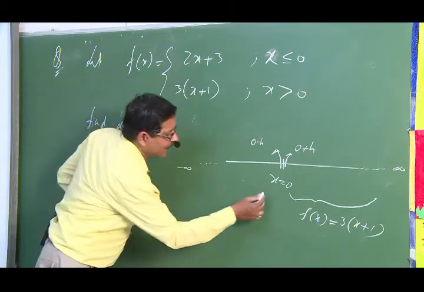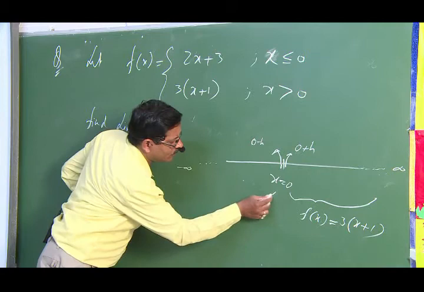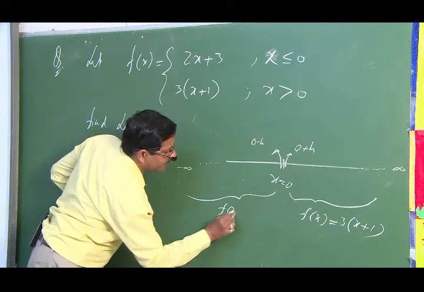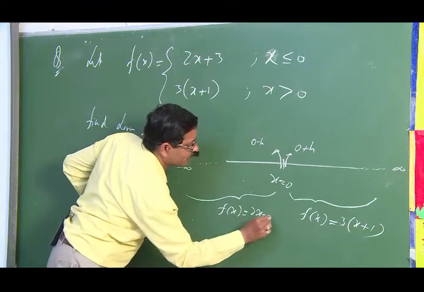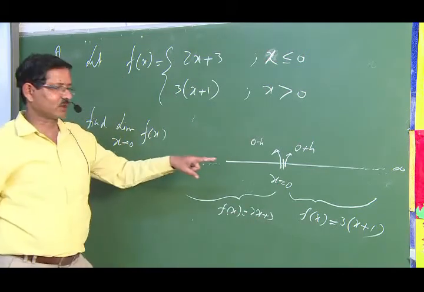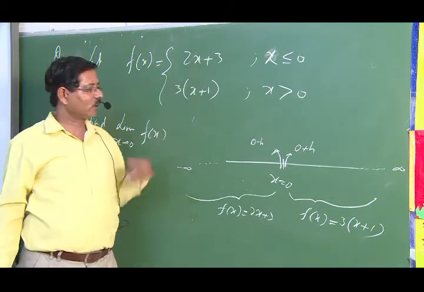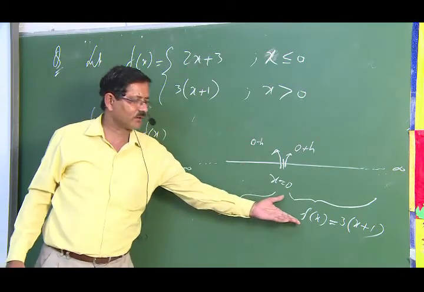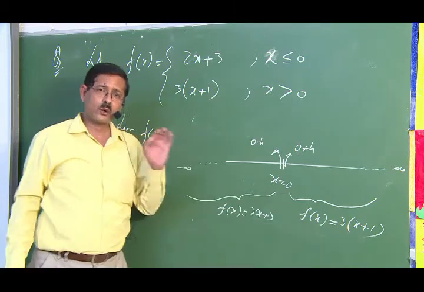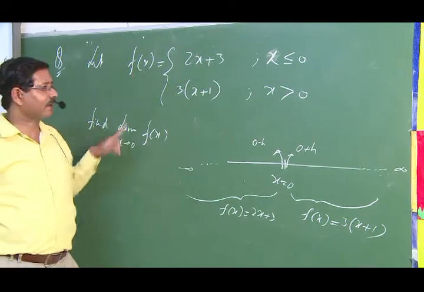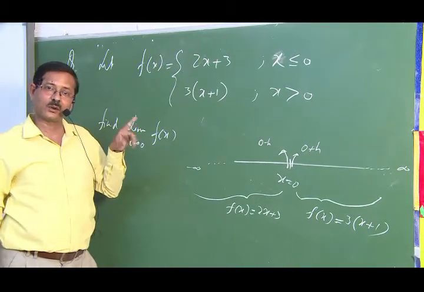On the left of x equal to 0, the value of the function f(x) is 2x plus 3, and on the right of 0, the value of the function is this one. Now you have to find the limiting value of this function at x equal to 0.